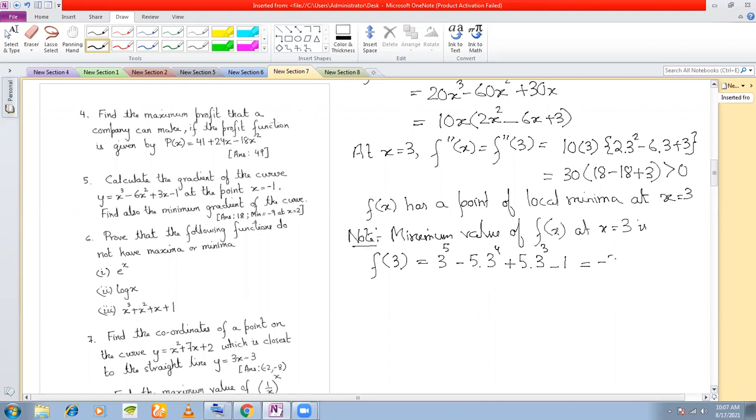You can calculate this to be minus 28. Okay, this is the minimum value.